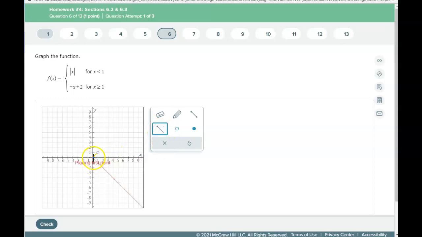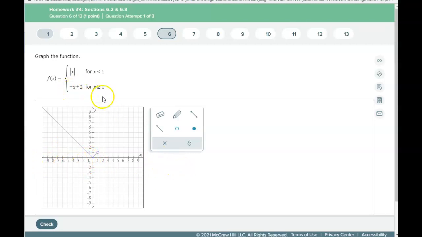So I'm going to grab the ray and start it at 0, 0, and then go to negative 1, positive 1. That way you'll notice it continues that line all the way. If I had just grabbed a line segment, it would just have this little bitty line, which would not be completely correct because it actually continues through the remaining of my domain to negative infinity.